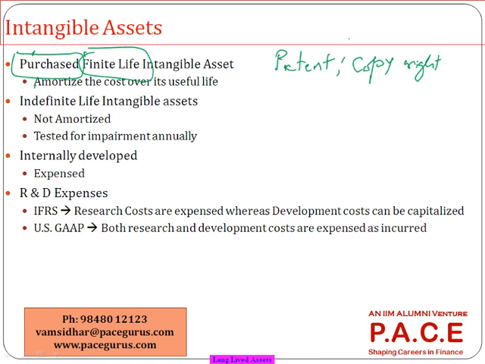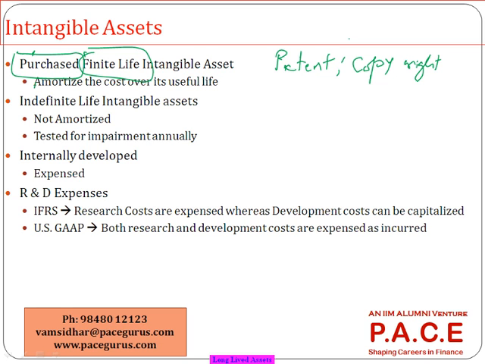So wherever you are purchasing means you paid for it, right? You paid for getting those. Intangible is because you are not able to touch it. It's probably a software. You have purchased a software license, which could be for 3 years or 5 years or 2 years, whatever it is, right? So all these things, we call them as purchased finite life intangible assets.